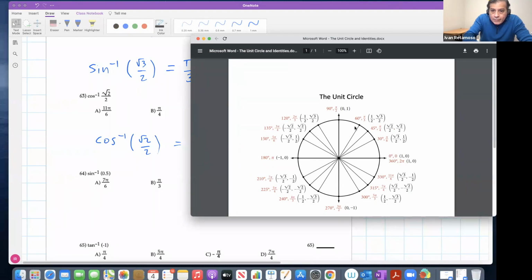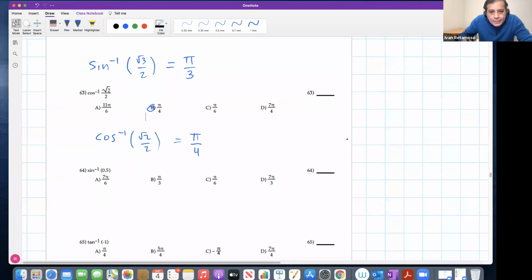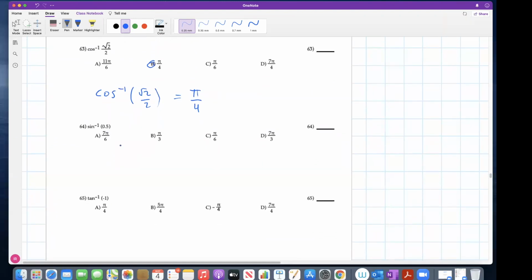I found one here. Remember, for cosine, we are allowed to look for angles between 0 and pi. I found one angle here whose cosine is square root of 2 over 2, so that should be it: pi over 4. Remember to write your angle in radians for inverse trigonometric functions.